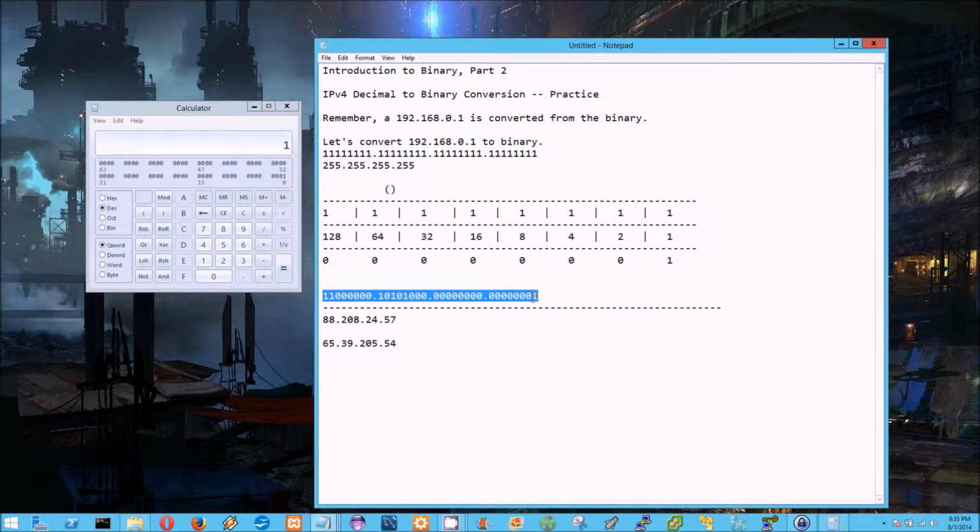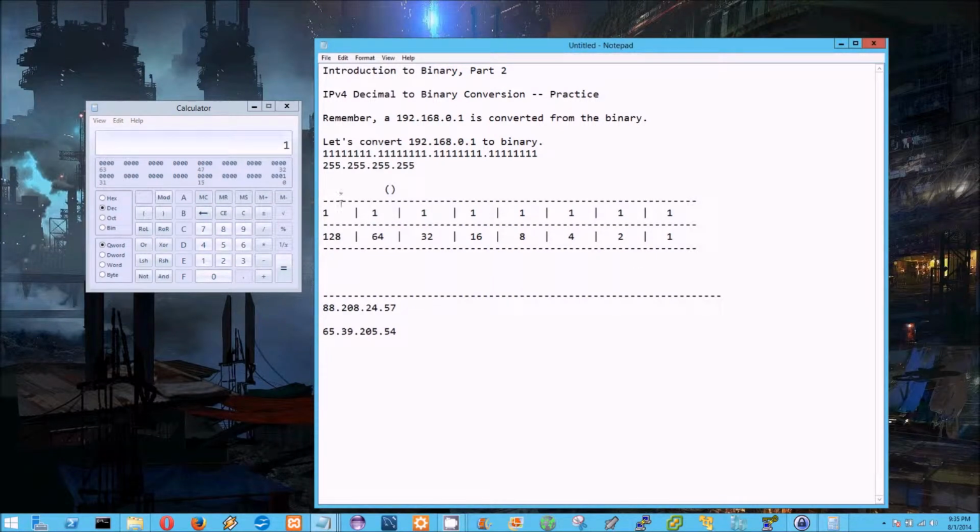Okay, so let's set this up. This one is going to be 88.208.24.57. Your first number is going to be 88. All right, we're starting here. We're working on the first octet.